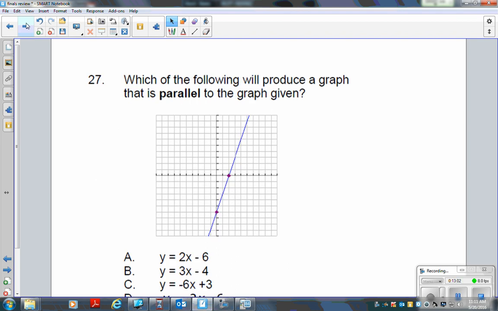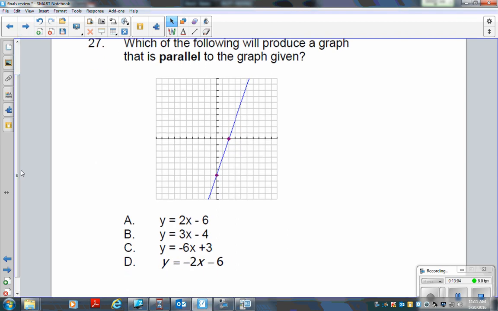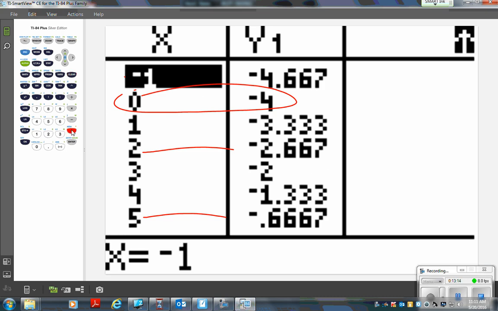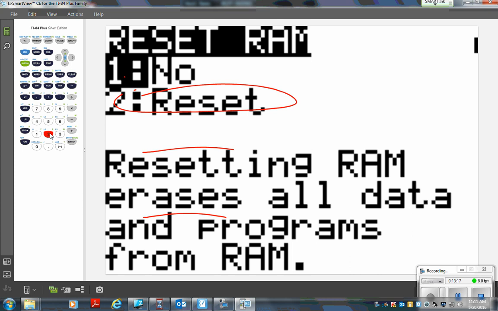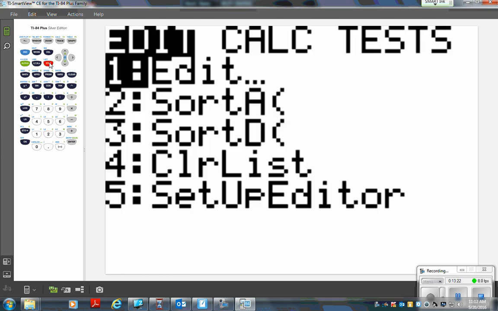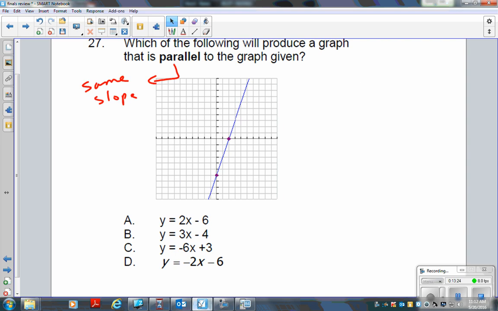All right, so we're looking for something that's parallel. That means we have to have the same slope, which means we got to locate the slope. So I'm going to go ahead and go to my calculator and go to stat again. Once I press stat enter, I'll be able to pop those numbers in there.